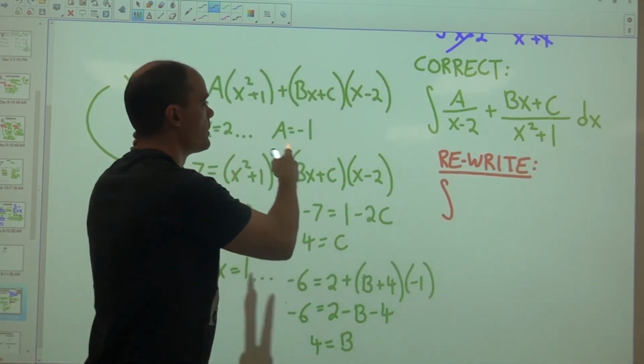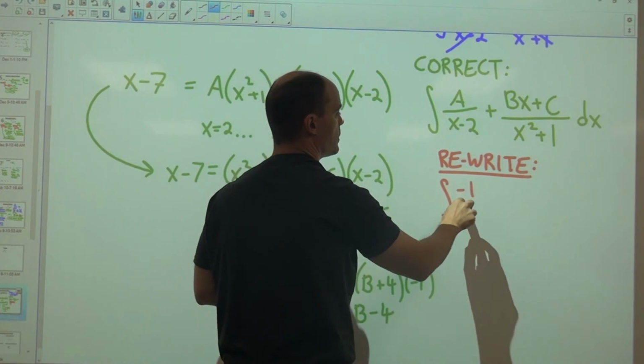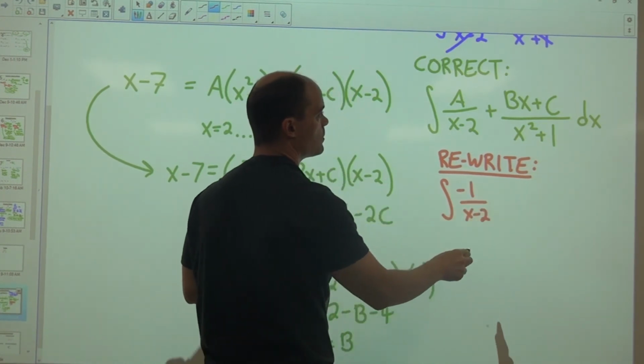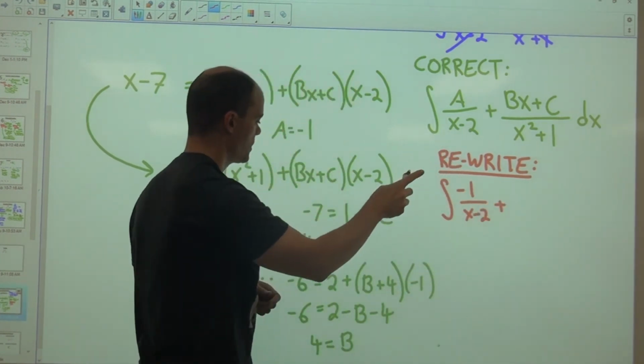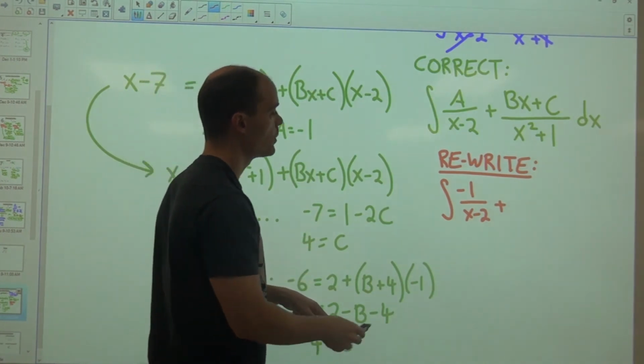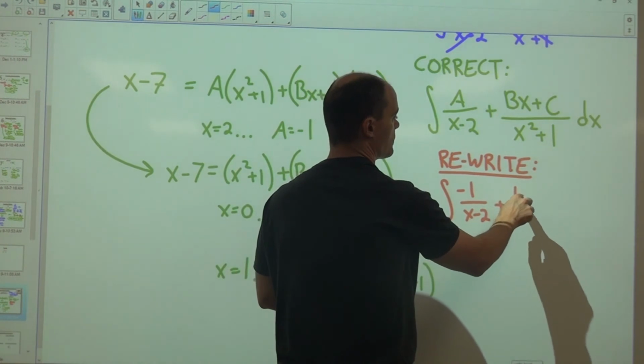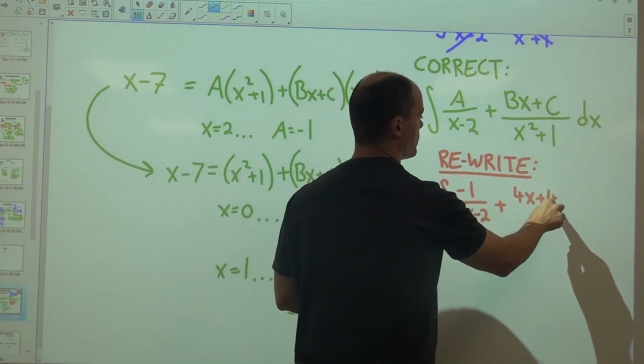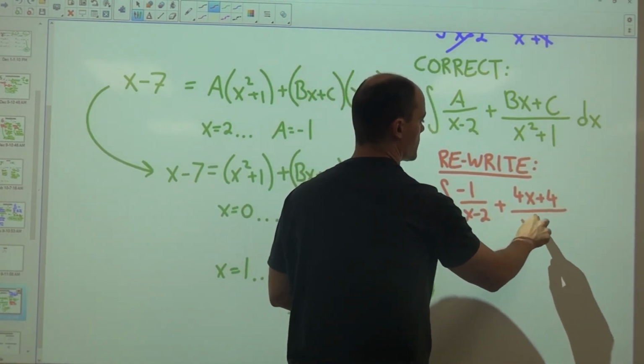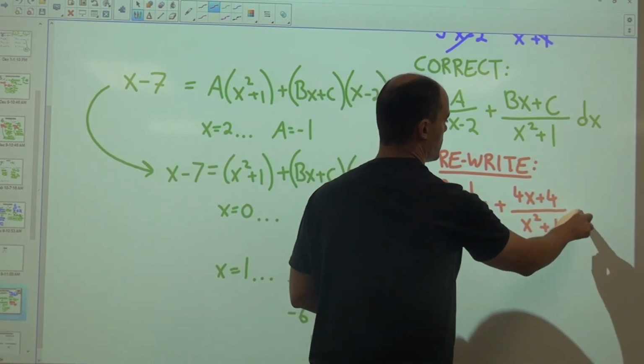I know my a value, I got that one right away. Negative 1 over x minus 2, plus, this is one single fraction. Both of these are 4s. You could take the 4 out if you want to. I'm not going to. So 4x plus 4 over x squared plus 1 dx.